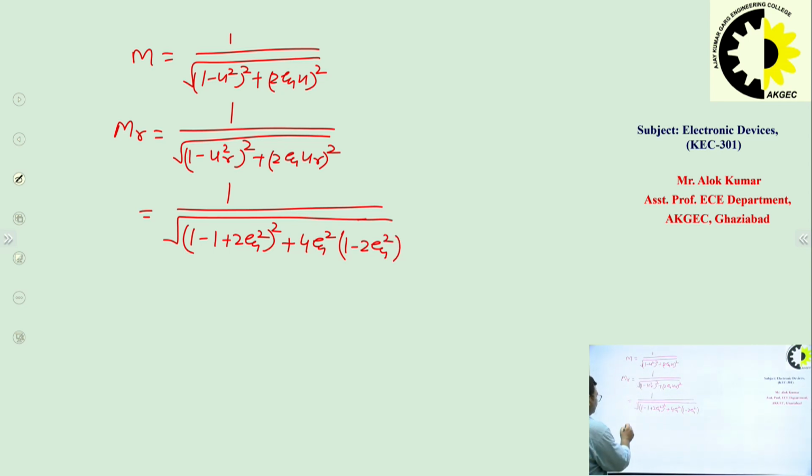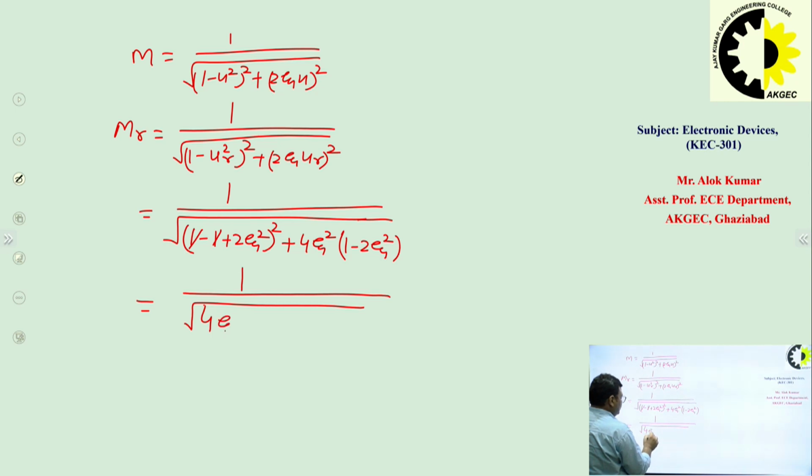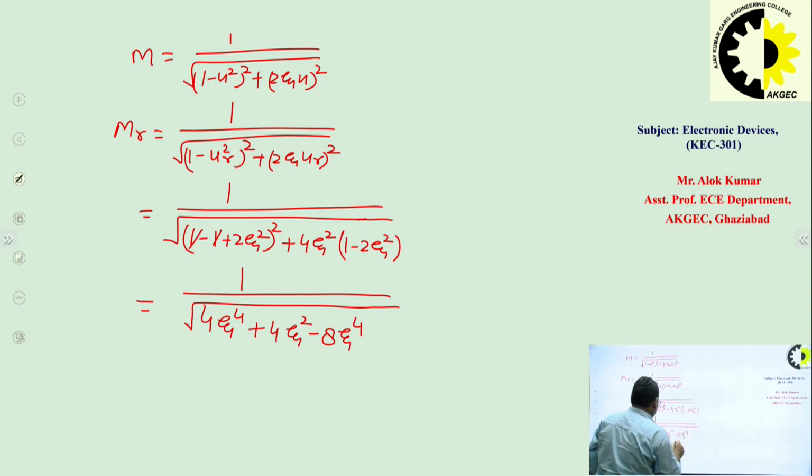Okay. So after solving this, what we are getting, this 1 will be cancelled out and it will be under root of 4 zeta to the power 4, and again from here we are getting plus 4 zeta square minus 8 zeta to the power 4, right?